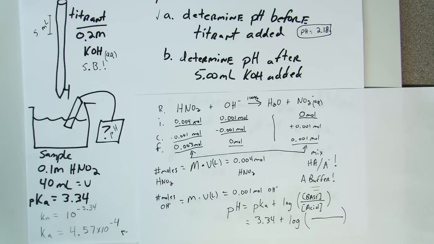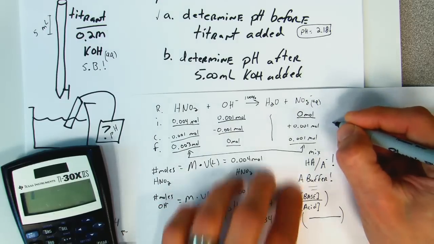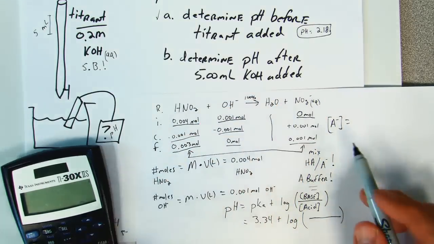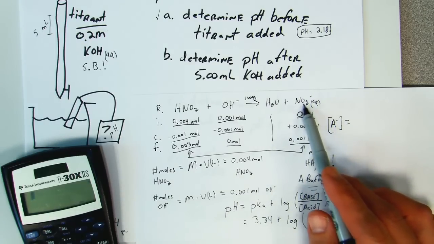Now, I suppose I'll spend a few seconds being technically correct and convert my moles into molarities. So bear with me while I do that here. I'm going to compute my A minus form. That's my base concentration, analogous to the NO2 minus.